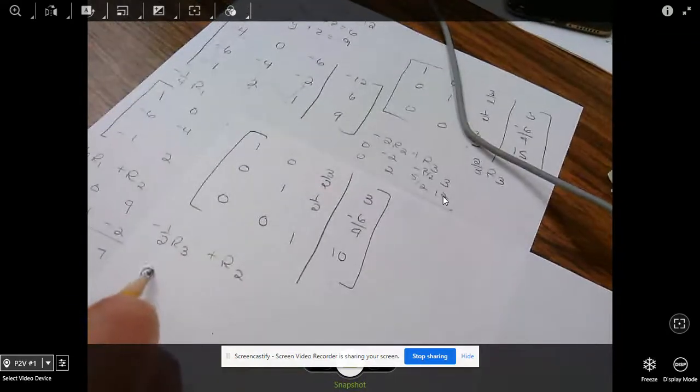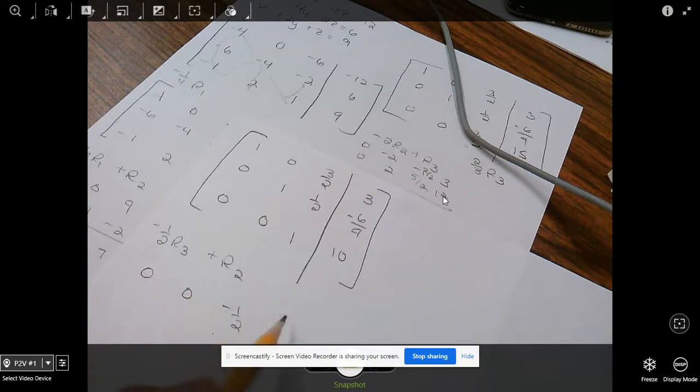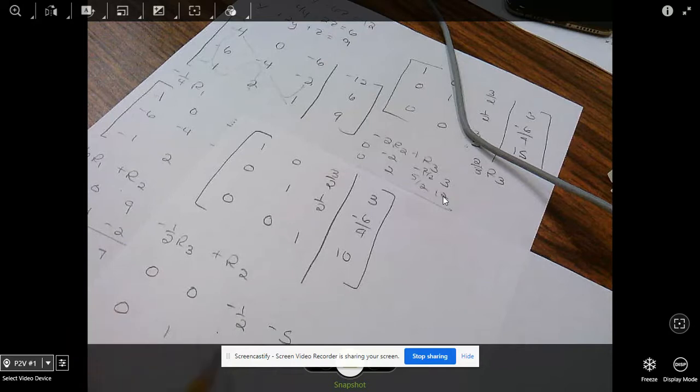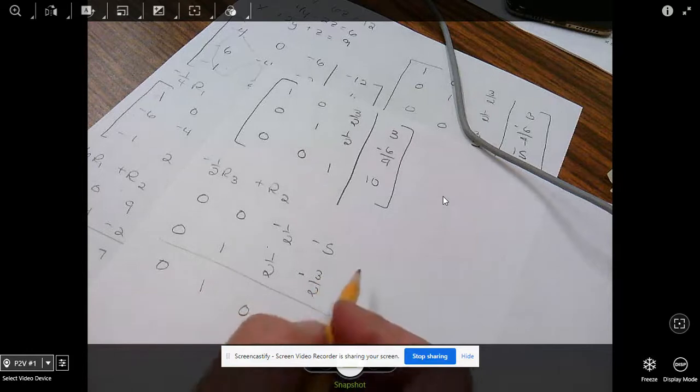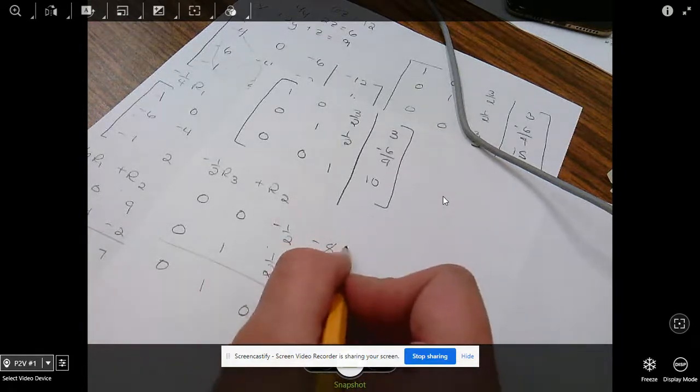So it's 0, 0, -1/2, and then -5, and row 2 is 0, 1, 1 half, -3 halves. You can reduce it. When you add it together, it's going to be 0, 1, 0, and this is going to be 5, it's going to be 10/2.